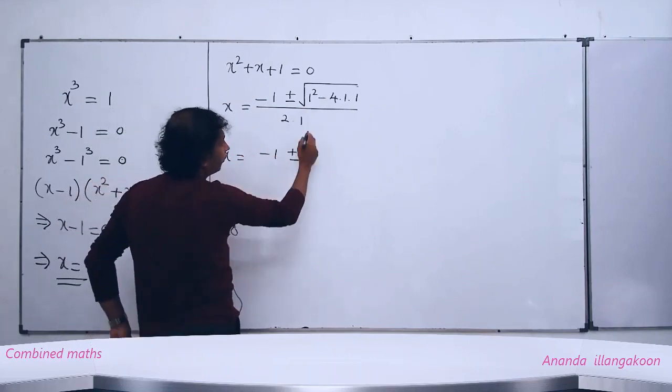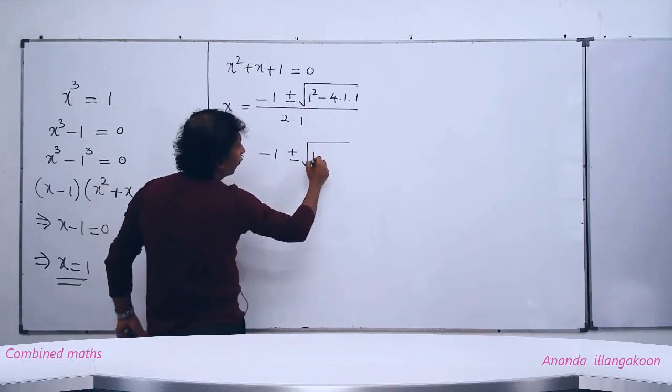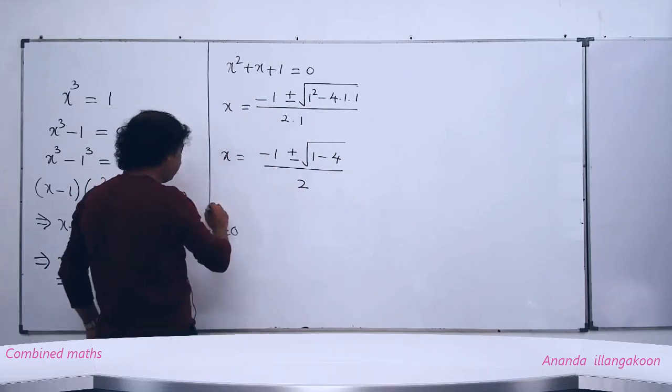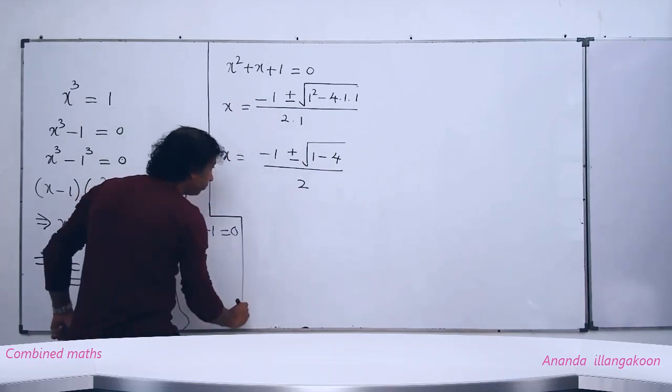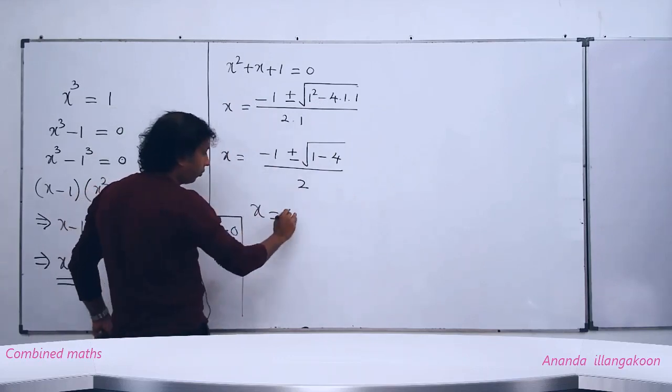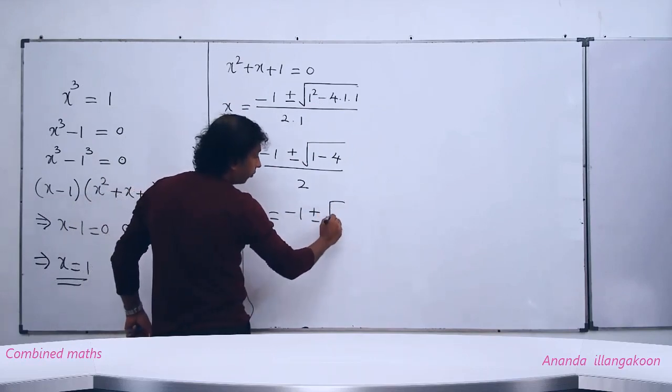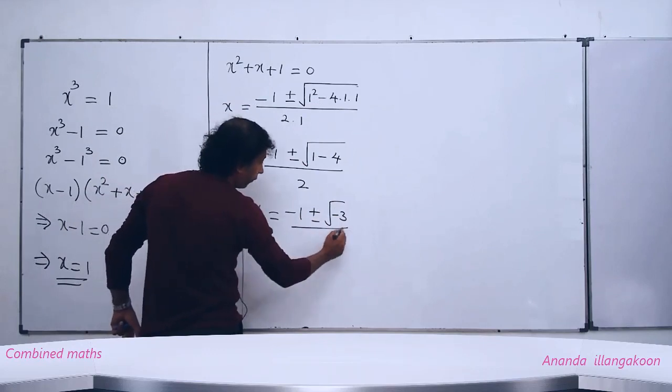Here we can write 1 minus 4 divided by 2. x equals minus 1 plus or minus square root of minus 3.